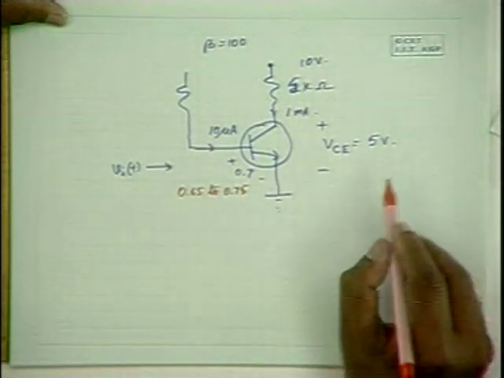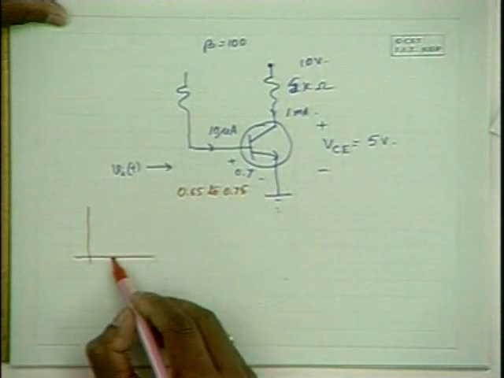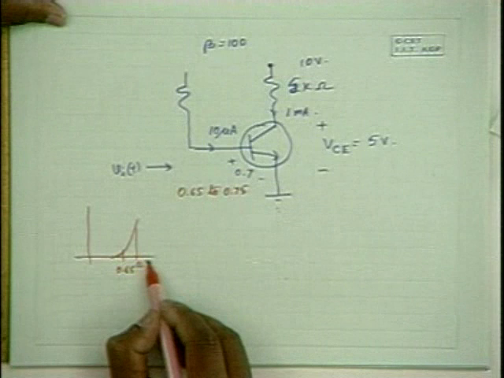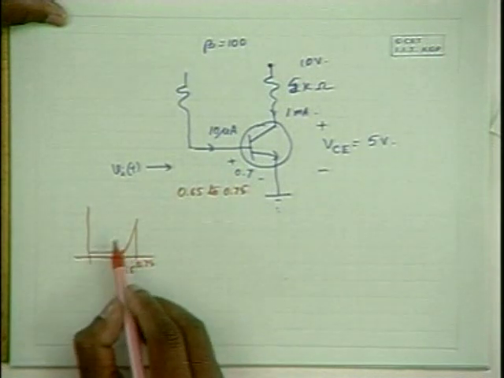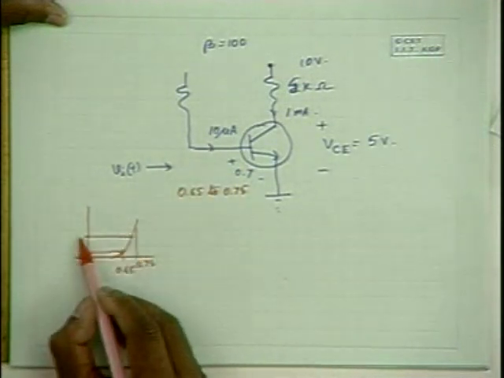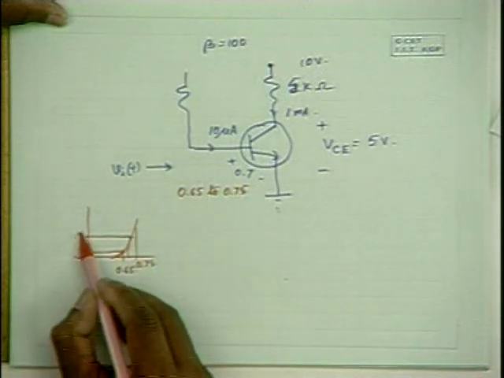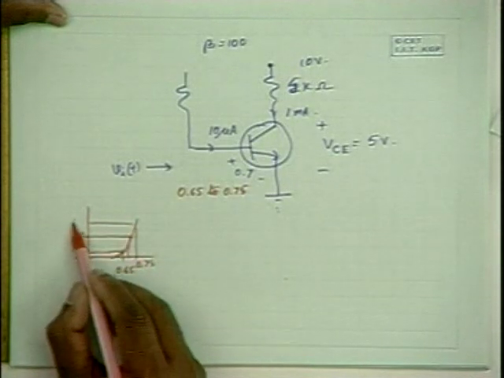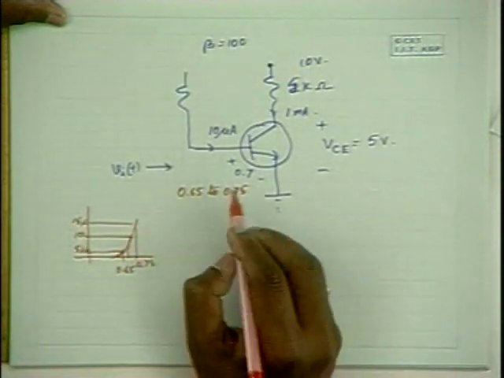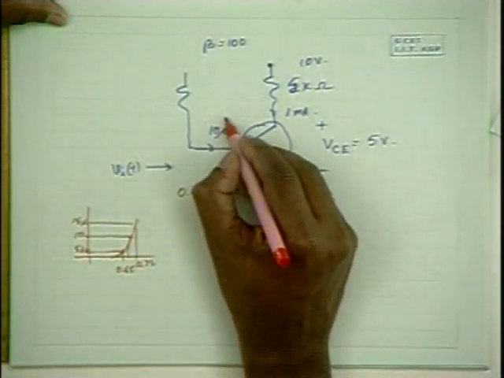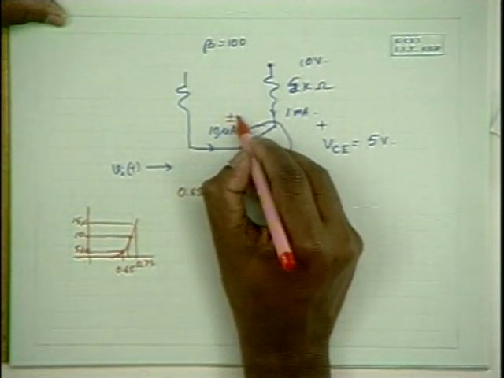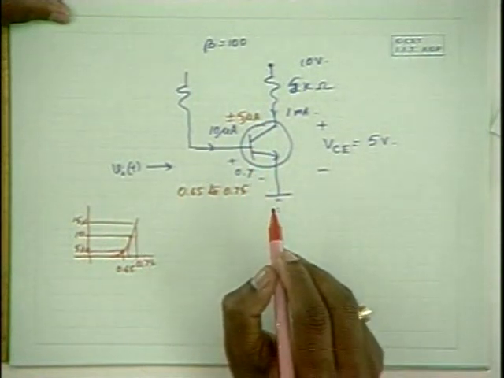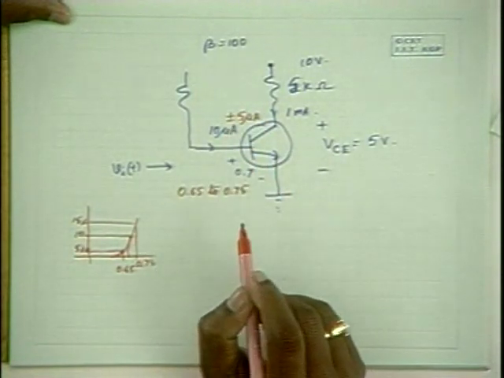Because of that, the base current naturally varies around 10 microamperes, say 5 microamperes to 15 microamperes. So base current variation is 10 microamperes plus or minus 5 microamperes due to the alternating component.